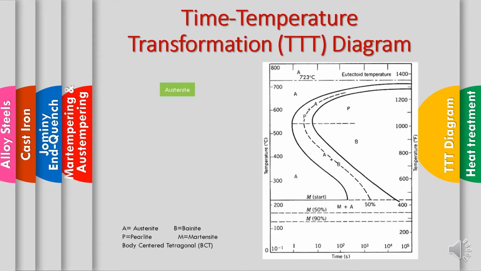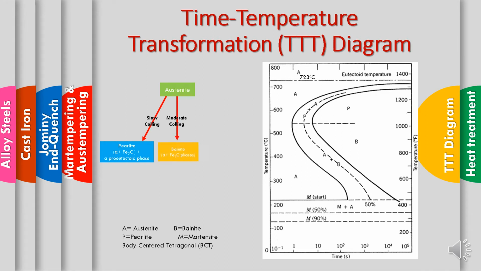So we can basically conclude the process from the time temperature transformation diagram: from the austenite, it will produce pearlite, which is alpha plus Fe3C plus the pro-eutectoid phase, by a slow cooling process.